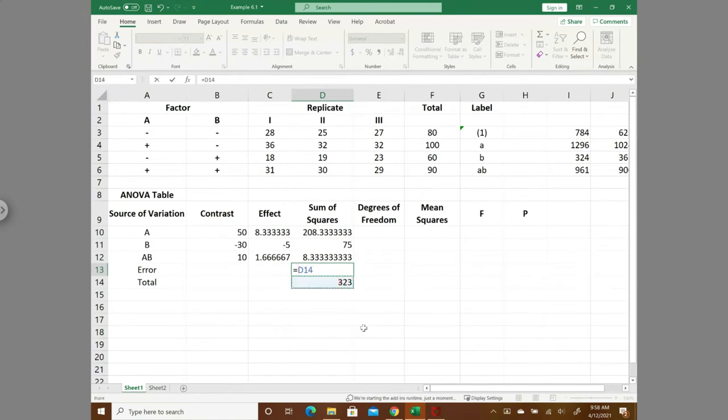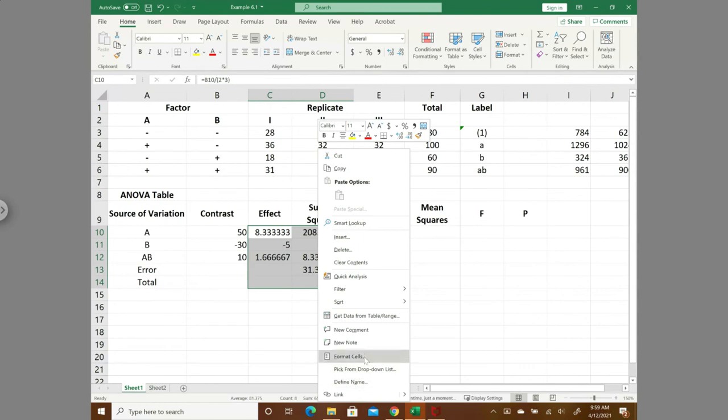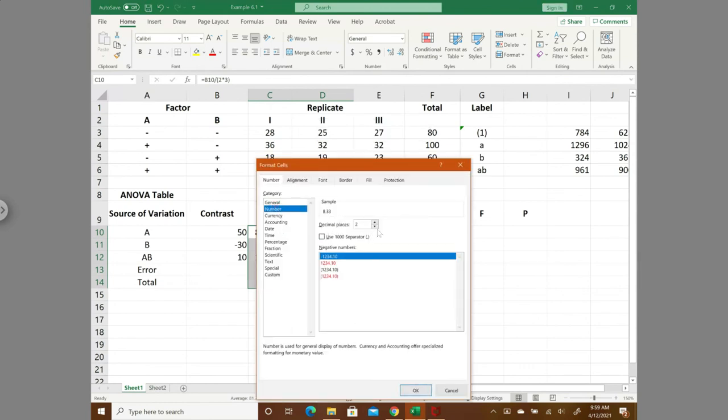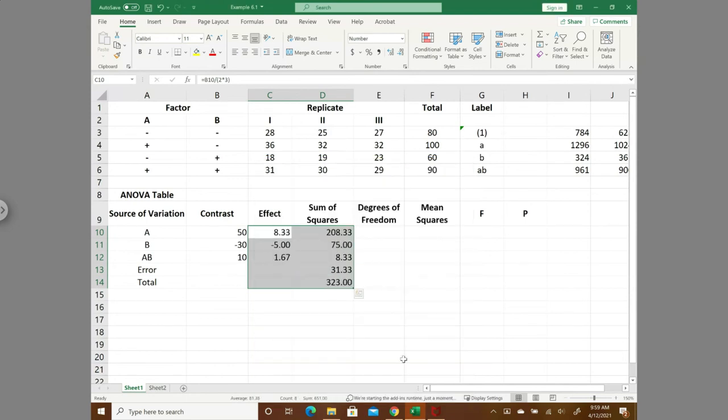So I say 323 minus the summation of these three, and that's your sum of squares for error. Now let me format it to two decimal places. So that looks good.